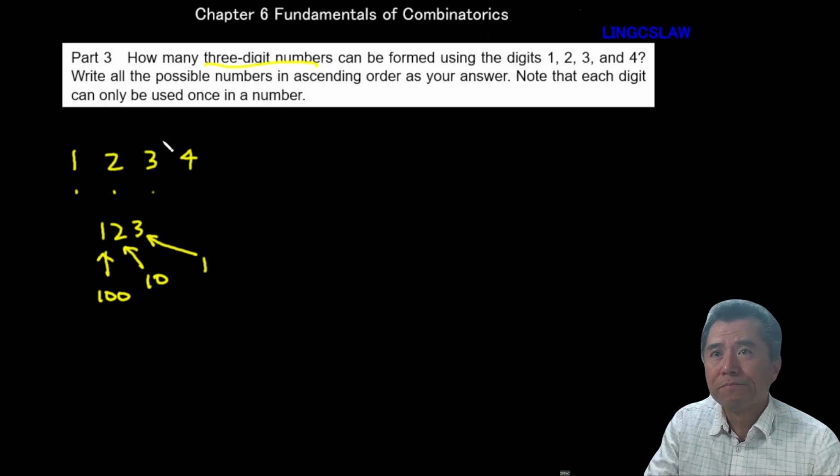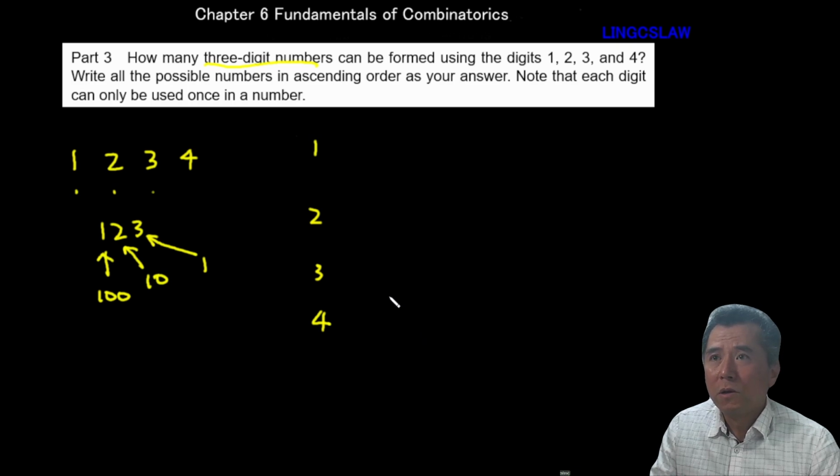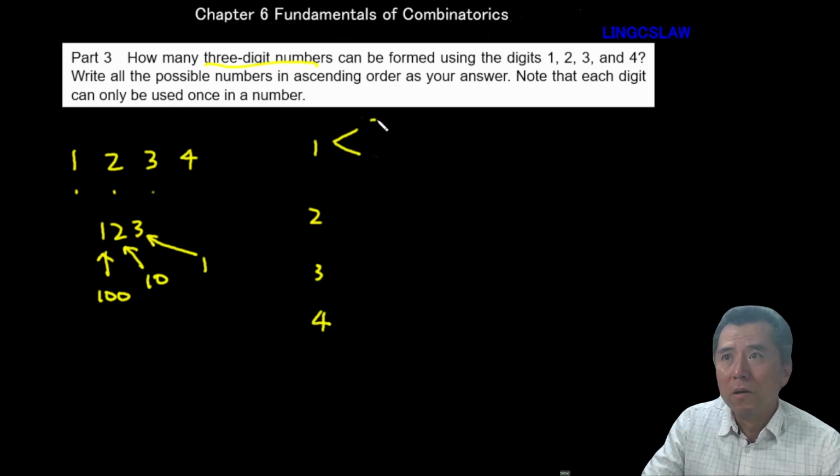Now there are 4 choices for the first digit: 1, 2, 3, 4. And then because you took one number, there are only 3 numbers left, so there are 3 choices for the second number.